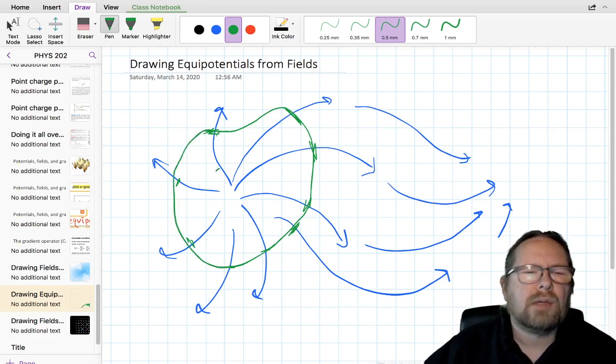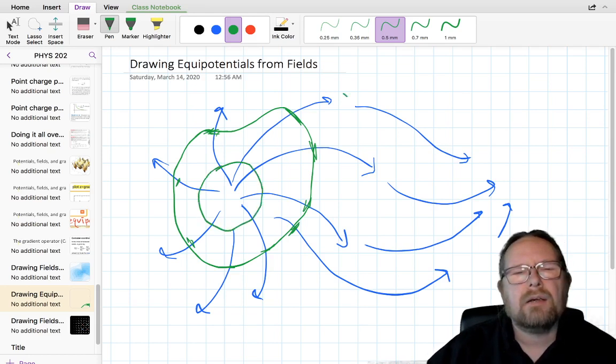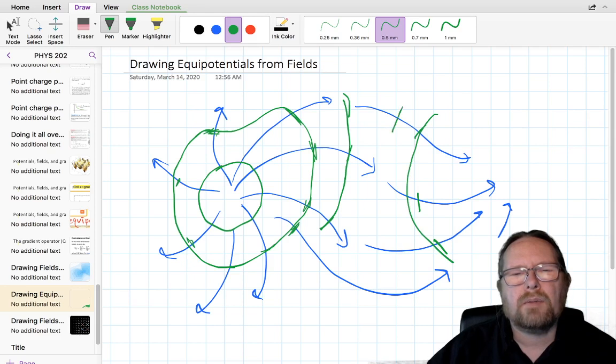Perpendicular, perpendicular, perpendicular, something like that.